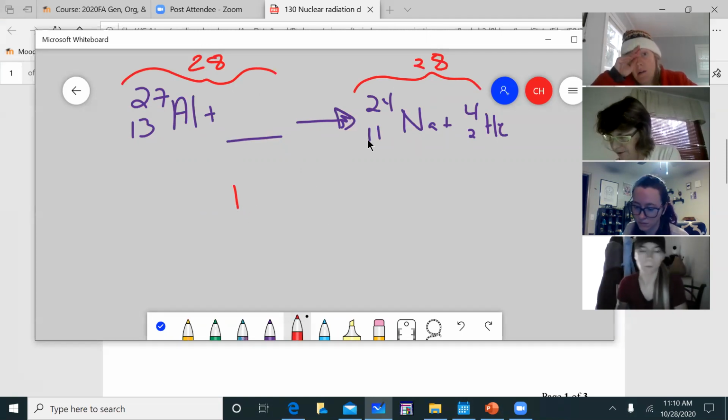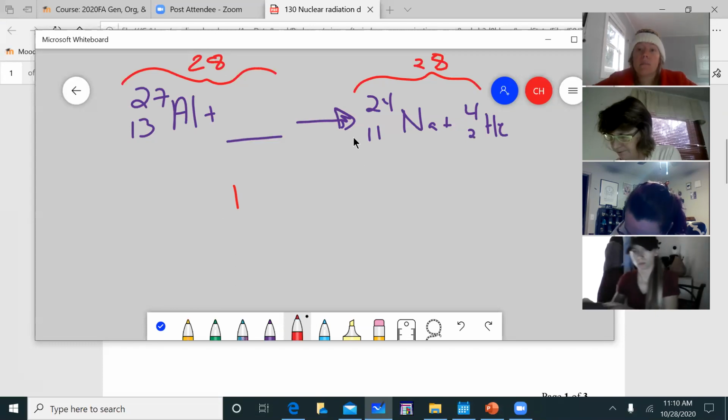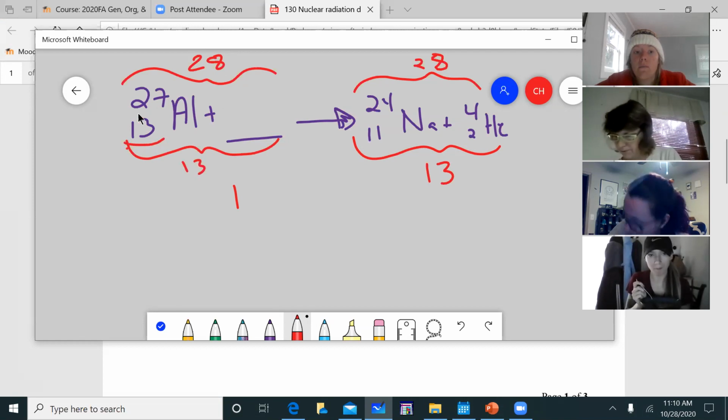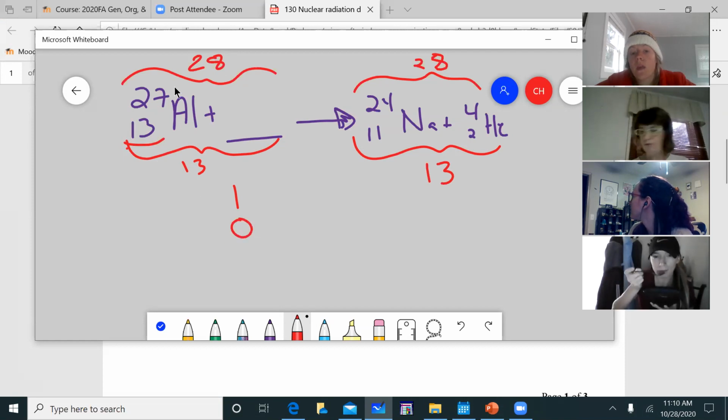Then we have our numbers at the bottom. Those also need to total each other. So we've got 11 and 2 for a total of 13. This side also needs to be 13, and that atomic number is being completely used by aluminum. So my atomic number for this thing is going to be 0.